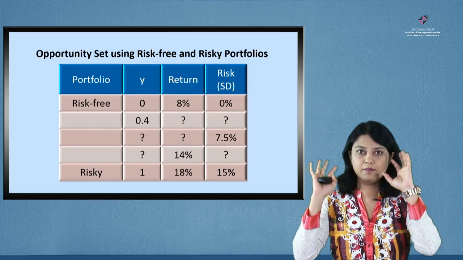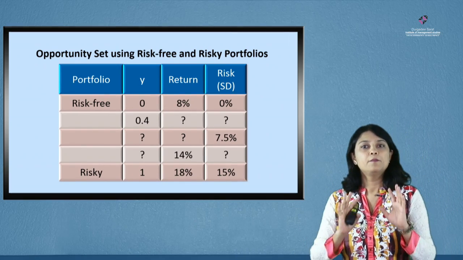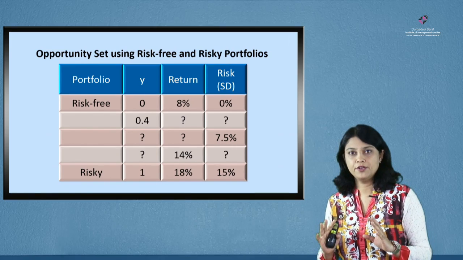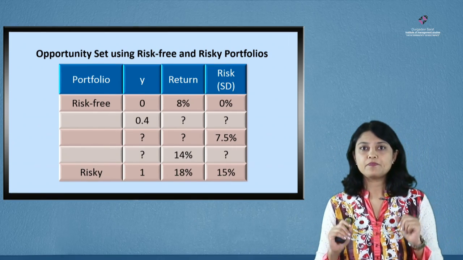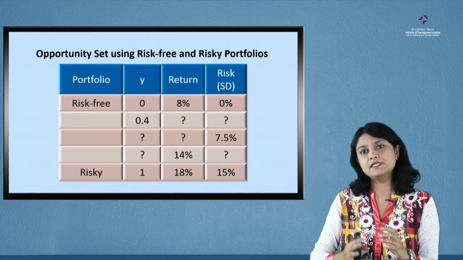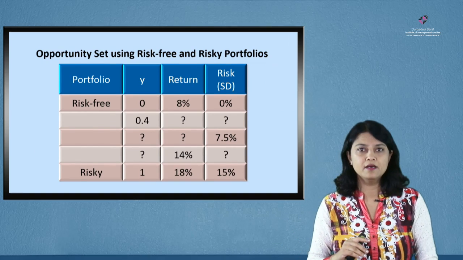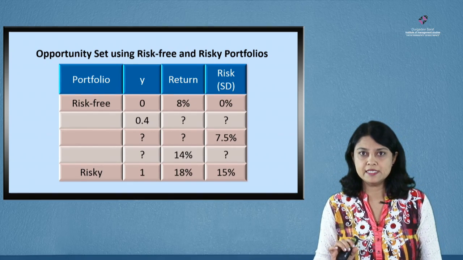That's it. I'm determined about that. I have decided I'll invest a 0.4 proportion of my portfolio into risky assets and the remaining 0.6 into risk free assets. So that's how I have decided. Now what remains is I need to calculate the return and risk for the portfolio I decided. So this is how I make the choice.